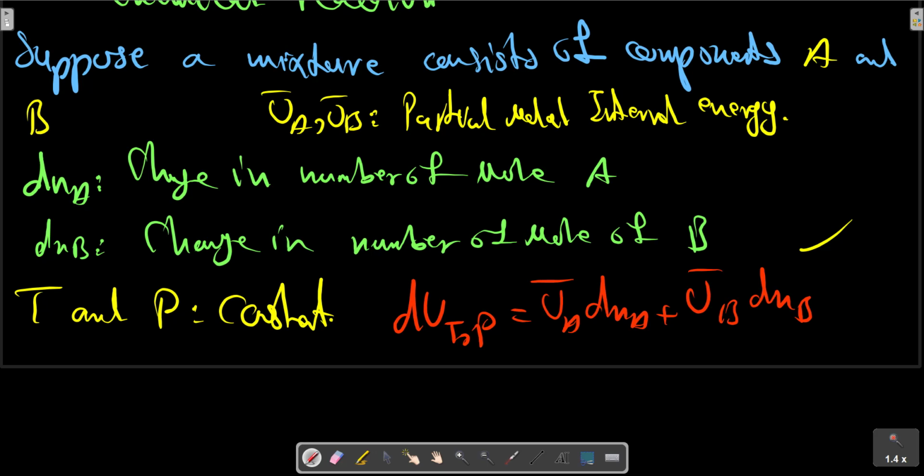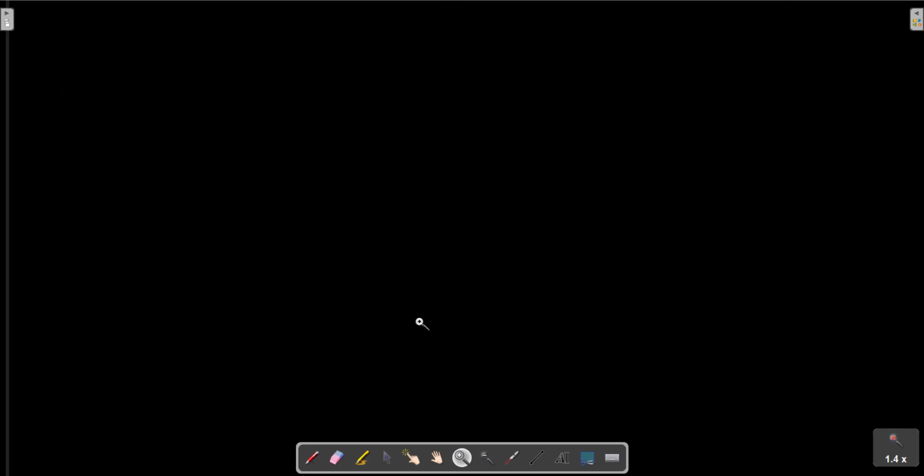In Section 14.3, we considered a number of property relations for a system of fixed mass, such as the relation dU equals TdS minus PdV.